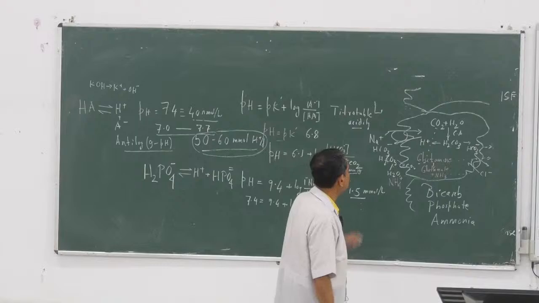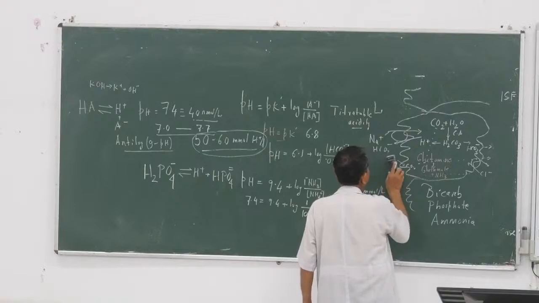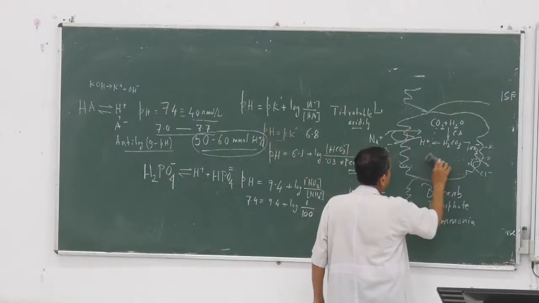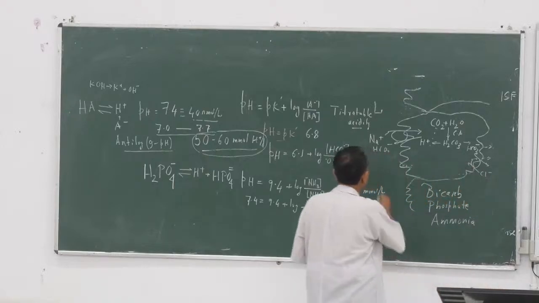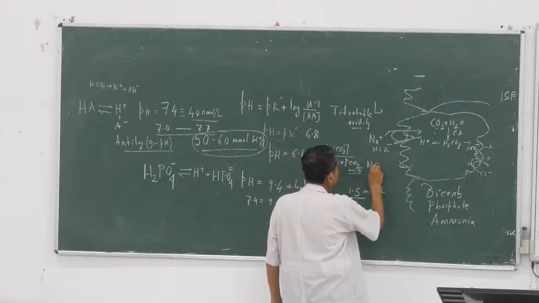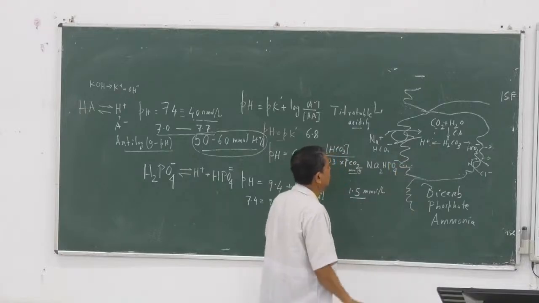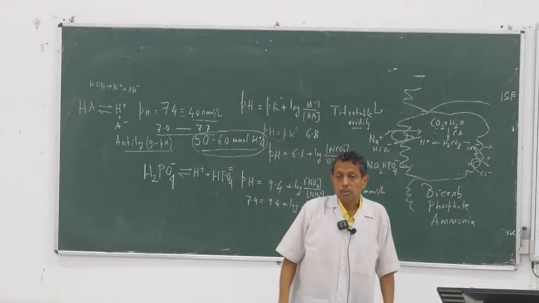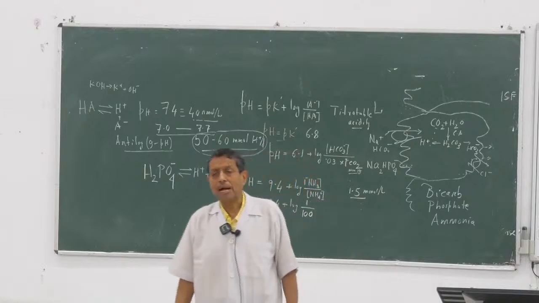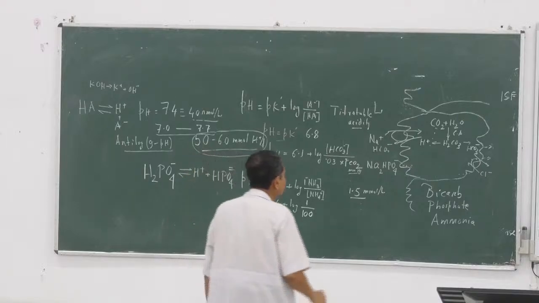And within this lumen, there is, and in the distal nephron, this exchanger is not much effective, and it is by means of a proton pump or hydrogen pump, by means of which hydrogen is coming.